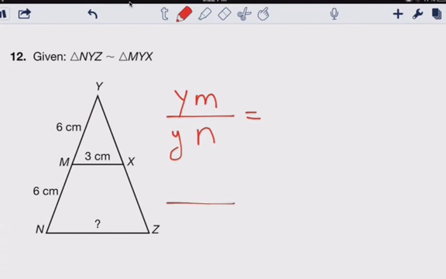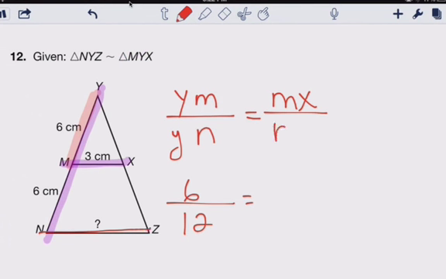YM right here is 6, and then the whole entire thing is 6 plus another 6, which is 12, equals to this side here, 3, the little triangle that's called MX is proportional to NZ.